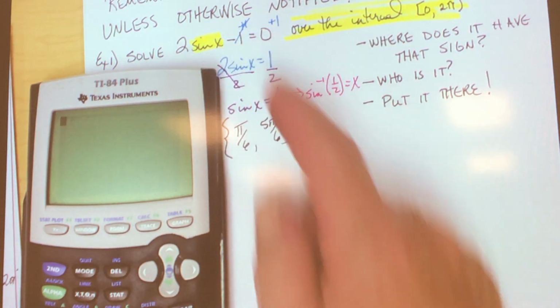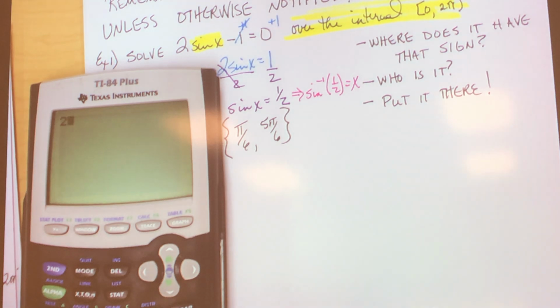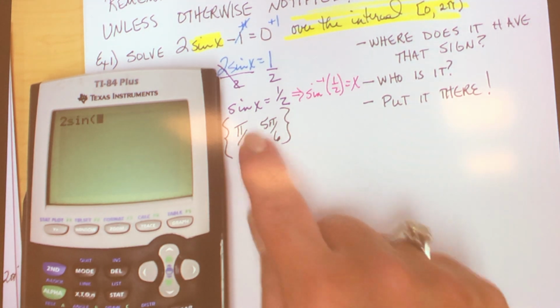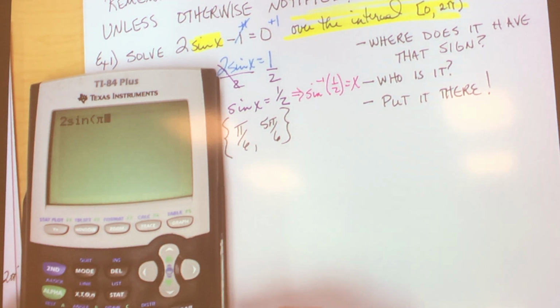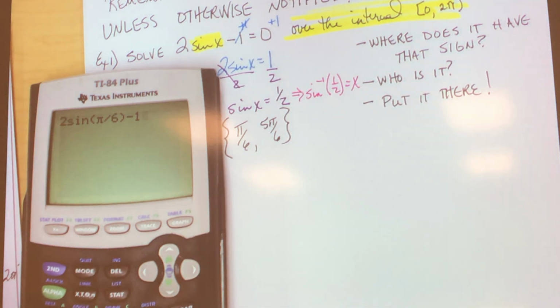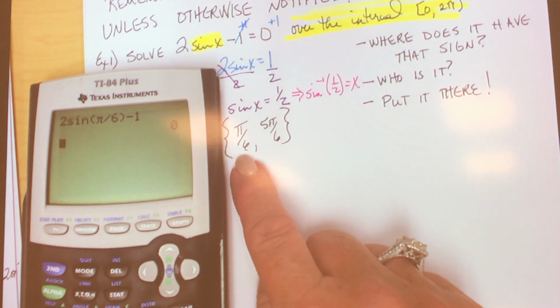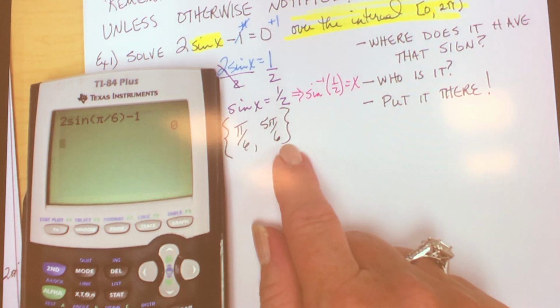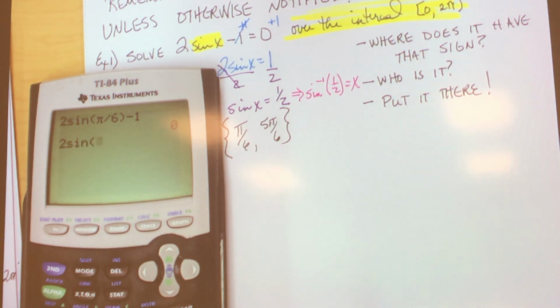So I'm gonna go 2 times the sine of pi over 6, and then minus 1. What's it supposed to be equal to? 0. So you say, please, Lord, let it be 0. Yes. That's one of my answers. Now I'm going to check this guy: 2 times the sine of 5 pi divided by 6, minus 1. It's supposed to be 0.